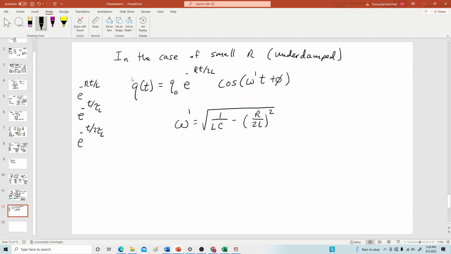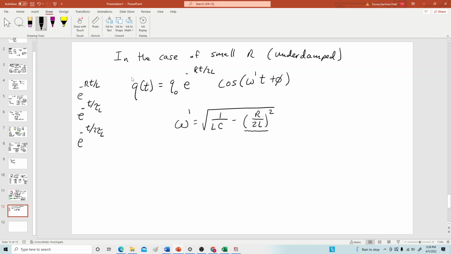Now again, if R is small, then this term is going to be really small, especially since this is squared, and this is only a very small correction to your omega. This is effectively going to act to make your omega smaller, and that means your period longer. So this is going to act to increase the times over which these interactions occur.